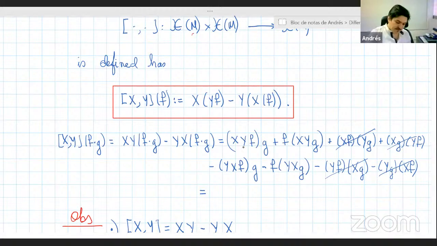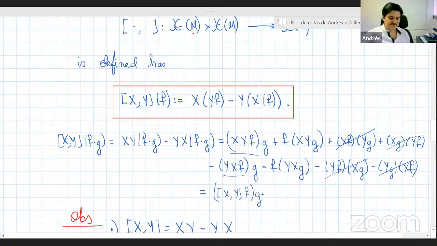And so you see, the first, this and this, what is it? It is the Lie bracket of X, Y applied to f times g. And the other one is f and the Lie bracket X, Y applied to the function g.